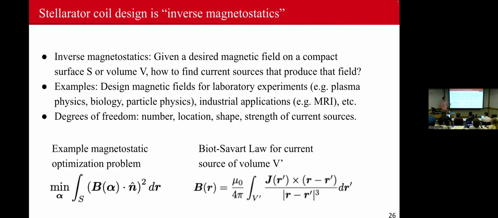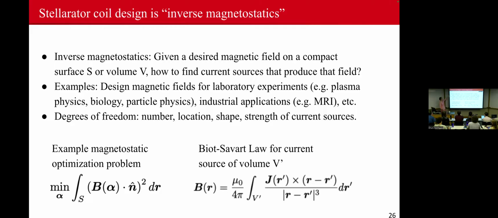One way you can do that is to parameterize the magnetic field by some parameters associated with your coils or magnets, or whatever you're designing to produce the magnetic field, and try to minimize this B·n quantity squared on the plasma surface. If you minimize that really well, it's essentially zero on the plasma surface, which means you found coils or current sources that match the plasma you got in stage one.